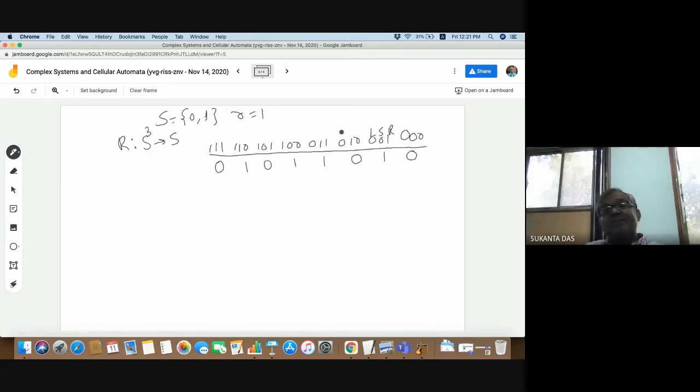If the left neighbor is 0, self is 0, and right is 1, then the next value is 1.